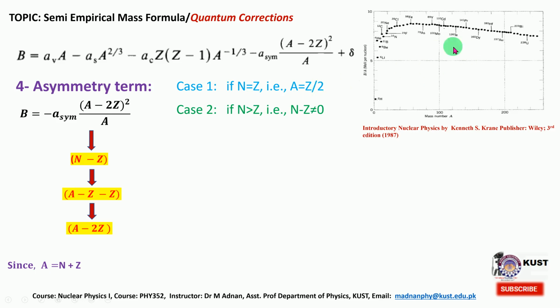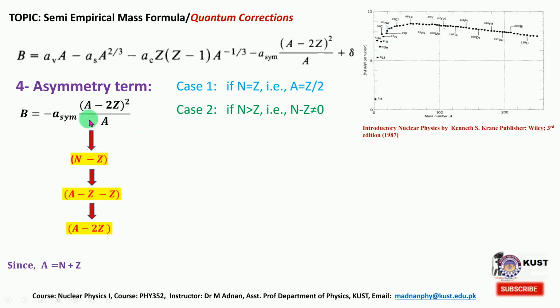So for intermediate and heavyweight elements, this trend is pretty much there, and N is equal to Z is the trend which is usually followed by the lighter elements.